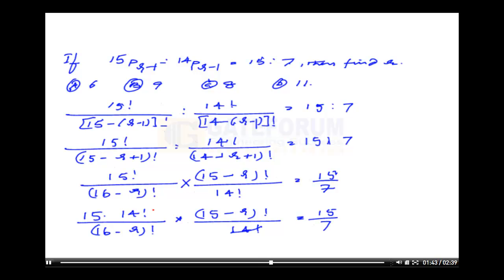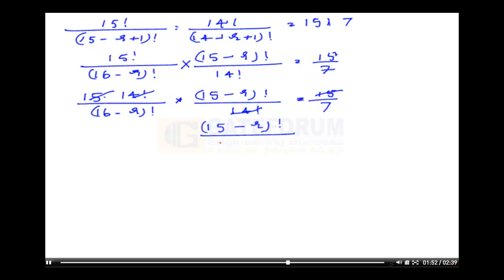By cancelling we get 15 minus r factorial by 16 minus r factorial equivalent to 1 by 7.